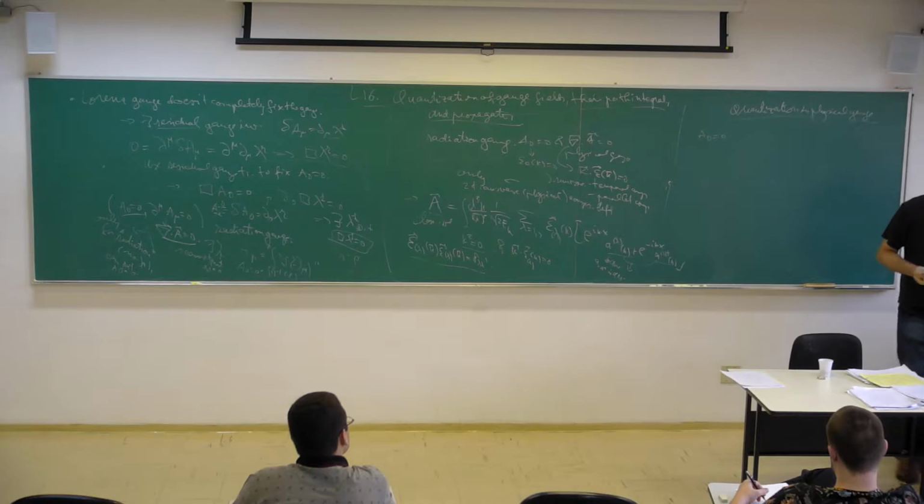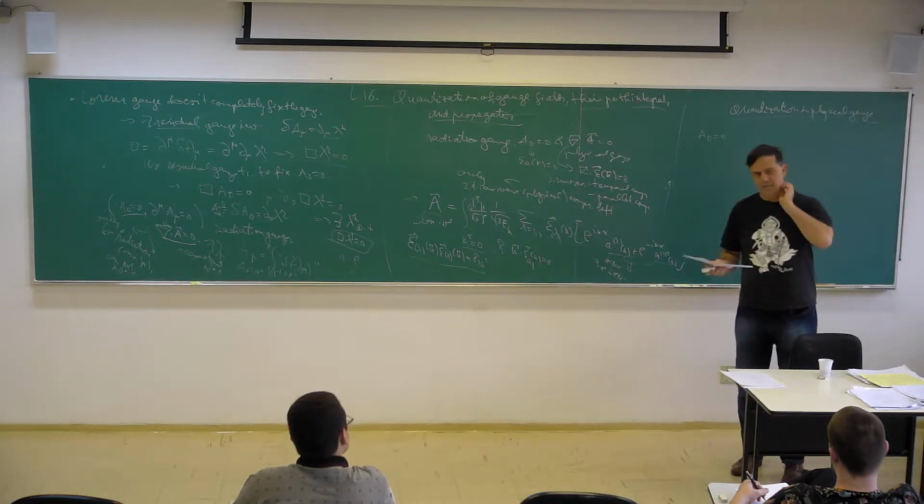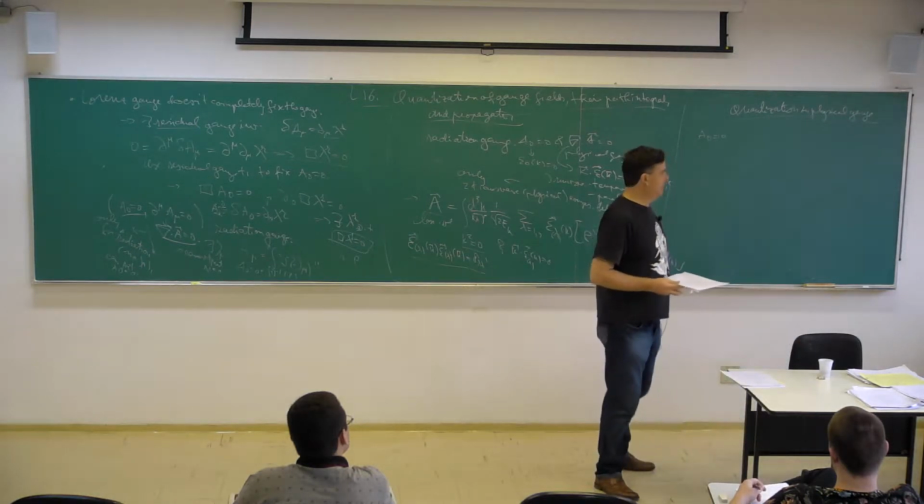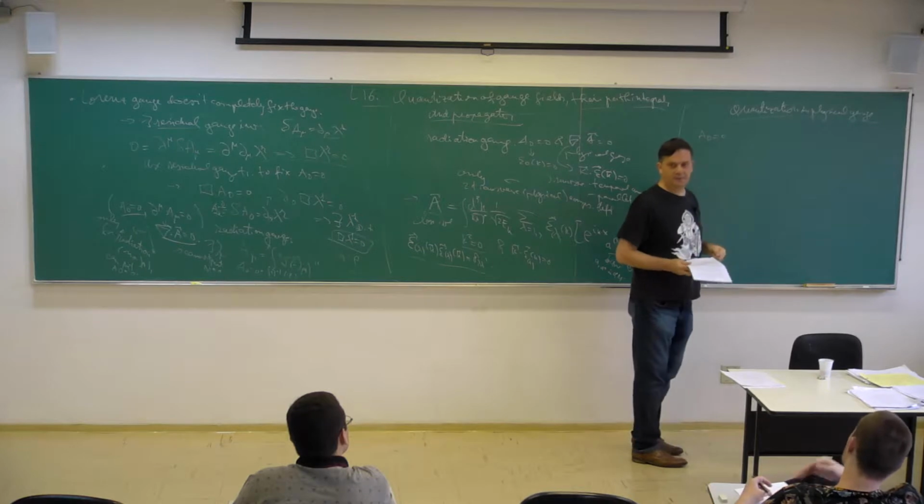And then last time we analyzed at the end the example of electromagnetism, and specifically putting the constraint A0 equal to 0.